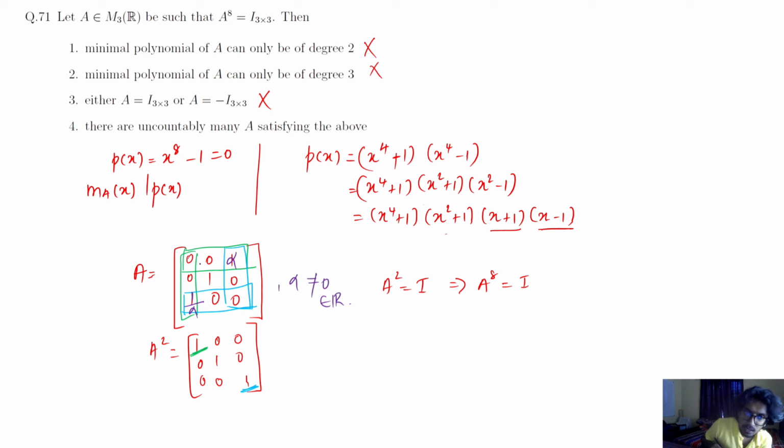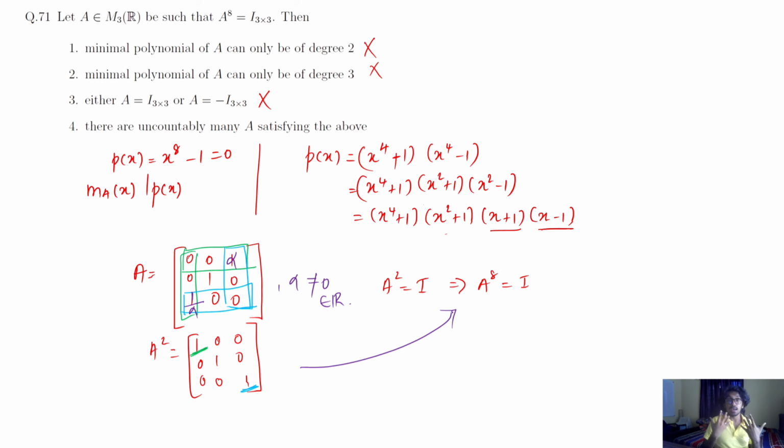This 1 upon alpha with this alpha is going to give 1 only. So my A square is an identity matrix. Therefore, my A power 8 is also an identity matrix. So as of now, I am able to produce uncountably many A satisfying the condition A square equals identity. Therefore, it will satisfy that A power 8 is also an identity matrix.